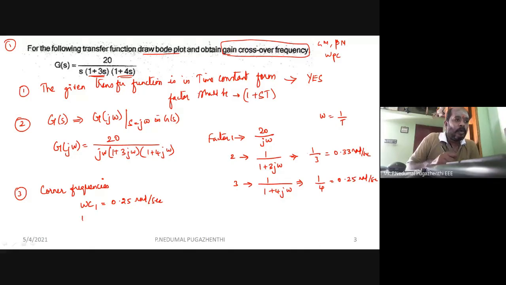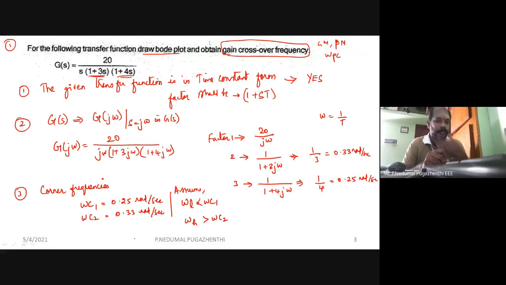Then omega c2 is my second corner frequency. In ascending order I have to arrange. And apart from this, I should assume another 2 frequencies: omega L, which should be less than omega c1, and omega H, which should be greater than omega c2, as per this problem.